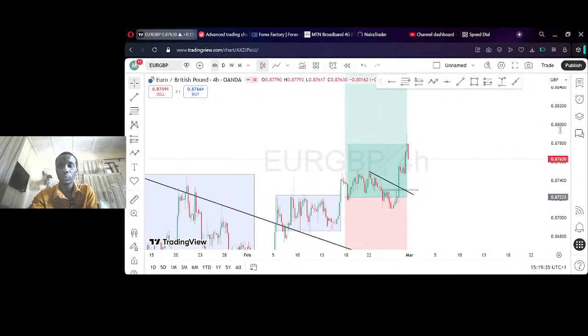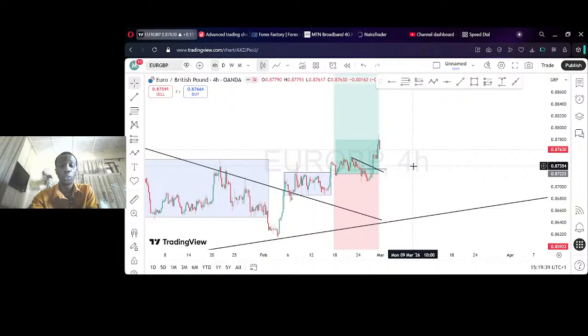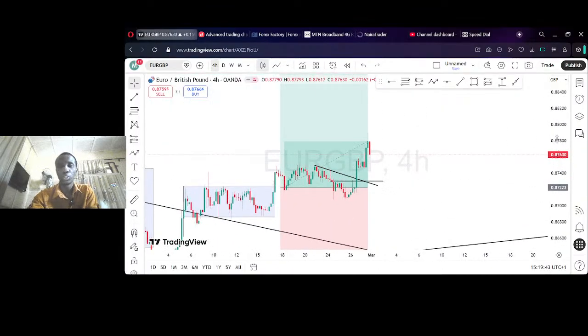On the Euro GBP, my bias is bullish because we have seen on the higher time frame that the trend is bullish. So when we come to the lower time frame, what we are to look for will be more of buy opportunities.